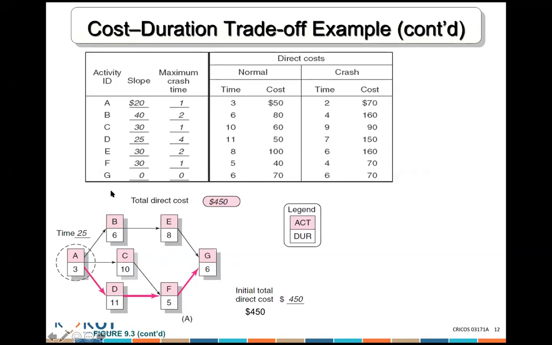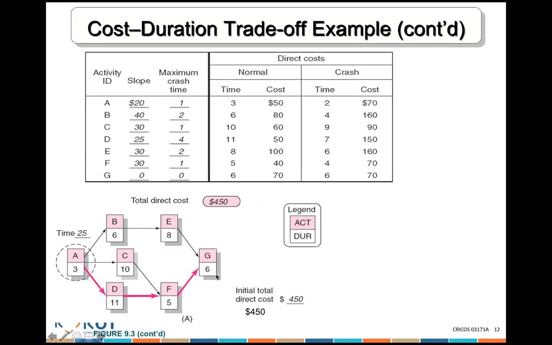You see, the normal time is going to take 25 days to complete the project. To finish it in 25 days, it will cost you 450. You're going to say, where is the 450 from? 450 is the total of all of these activities: 50 plus 80 plus 60 plus 50 plus 100 plus 40 plus 70 equals 450.